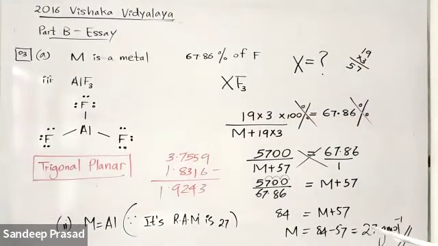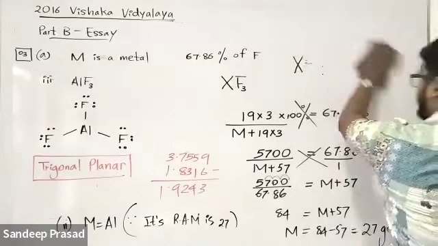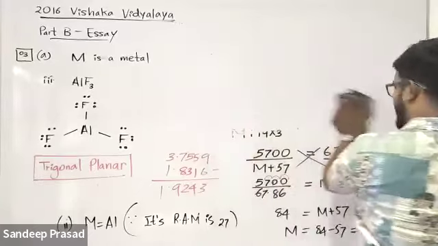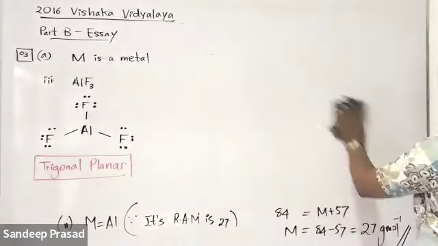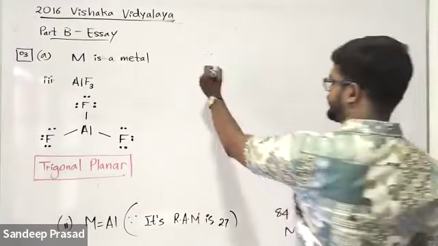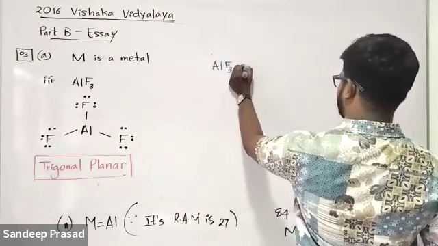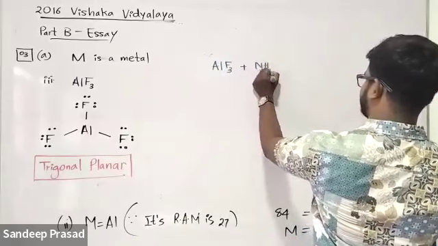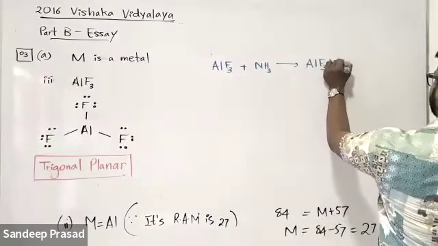Right, next one. Draw the structure of the compound when fluoride of M reacts with ammonia. Now you have to recall your memory that we learned about dative covalent bonds. Can you remember? Aluminium trifluoride reacts with ammonia to produce the compound AlF3 NH3.